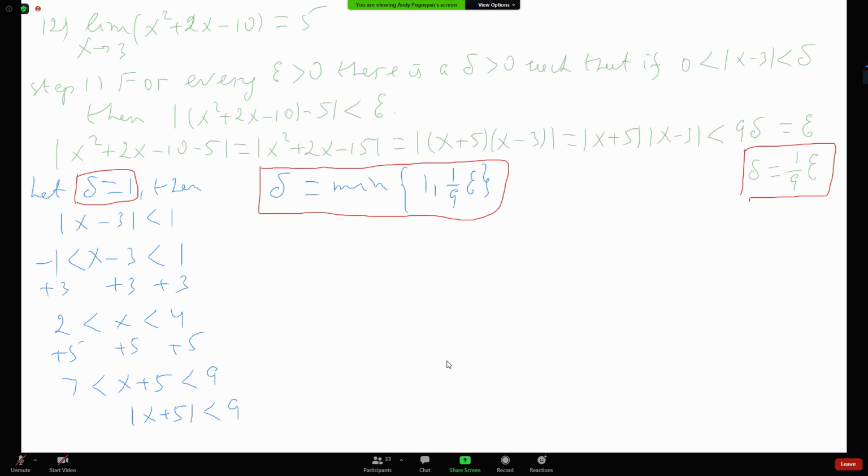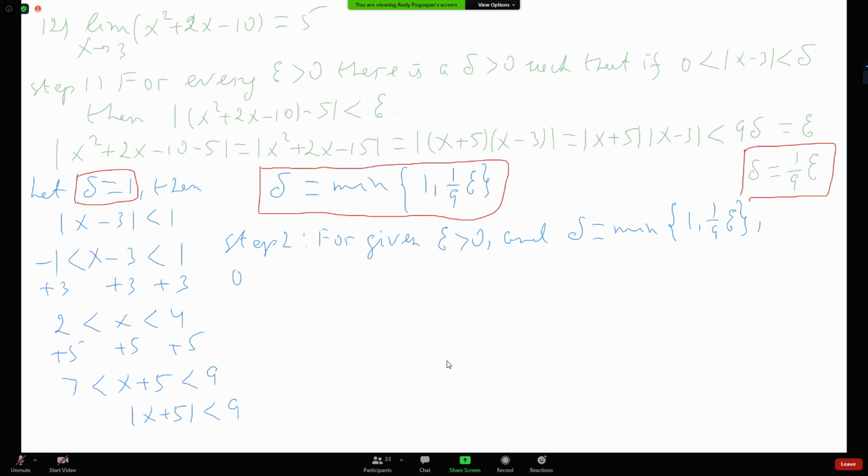You can choose any value for delta, 1, 0.5, 0.1, anything you want, but 1 is convenient to estimate. Now, step 2. We are given epsilon, and now we have delta equals the minimum of 1 and 1 over 9 epsilon.